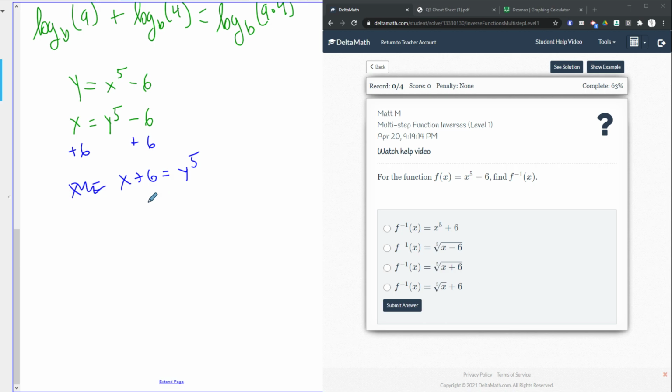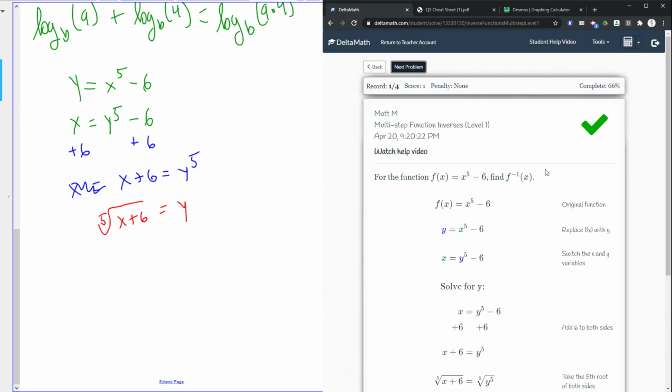And then I need to get y by itself, so I'm going to take a 5th root of both sides. Does that match with anything? It looks like it matches with this third option here. Awesome. Oh, look, they show you the steps right here.